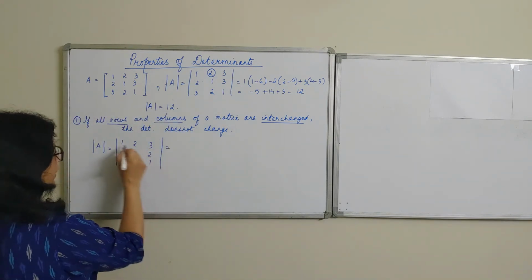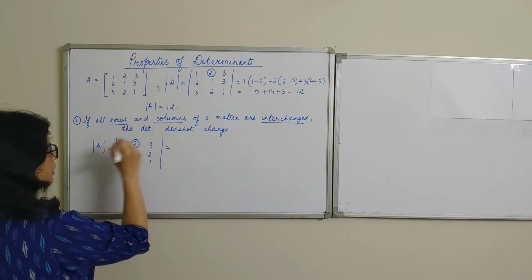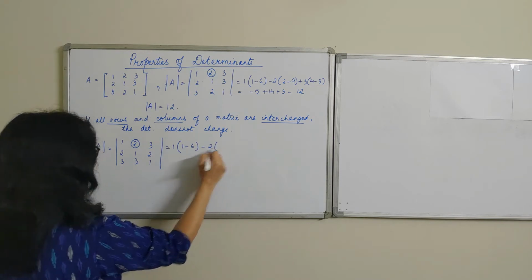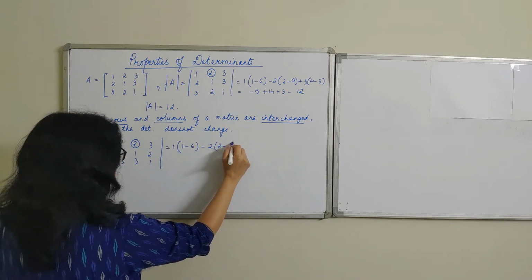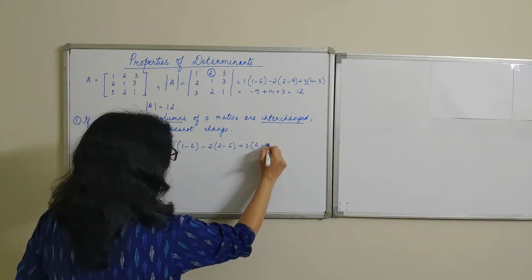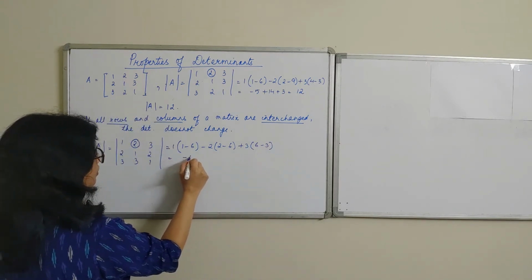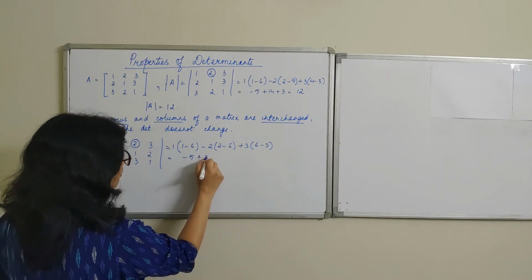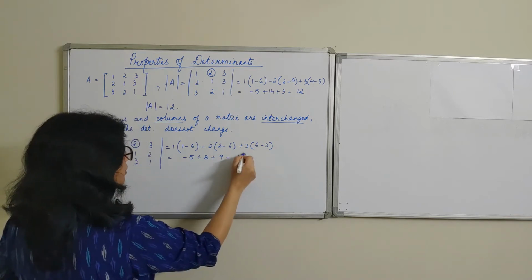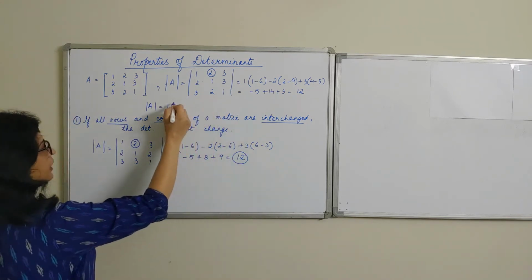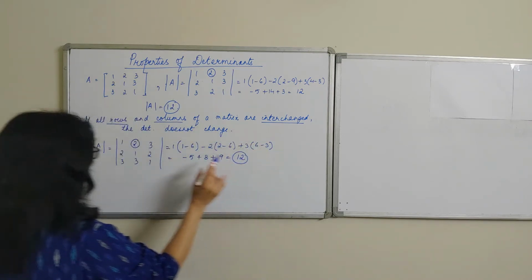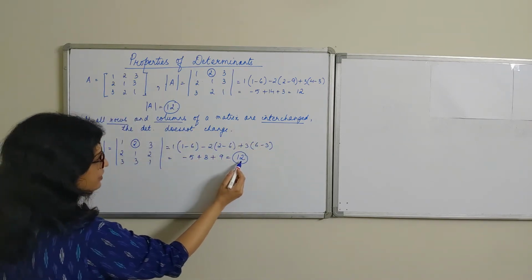So now if we evaluate again along the first row, this element will change its sign and we have expression like this: 2 minus 6 plus 3 times 6 minus 3, which is minus 5 minus 4 plus 8 plus 9, which is again 12. So you can see here initial determinant had a value equal to 12. When the rows and columns have been interchanged, the determinant remains the same.